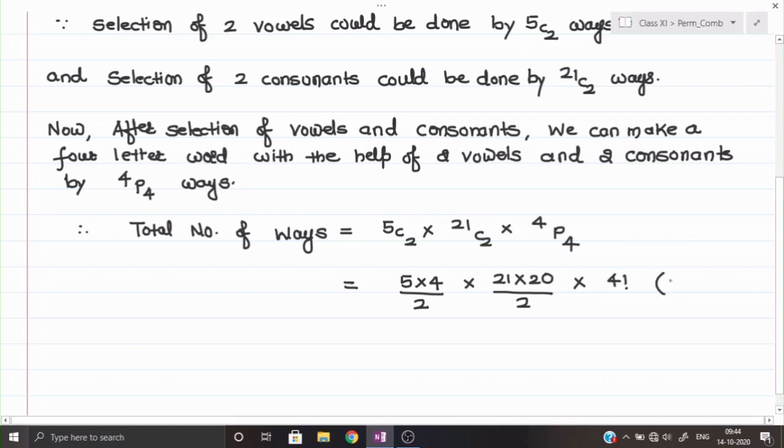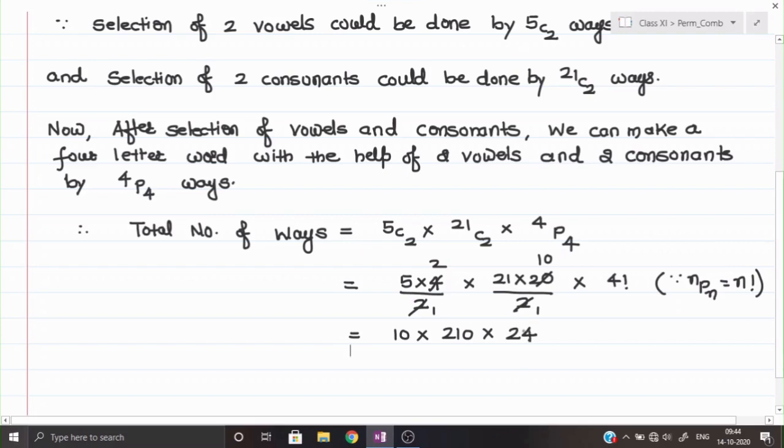You can assume here, since nPn is always equal to factorial n. Now from here we can cancel: 2 1s are 2, 2 2s are 4, again 2 1s are 2, and 2 10s are 20. So here 5 into 2 will become 10, 21 into 10, that is 210, and factorial 4 is 24, that we know.